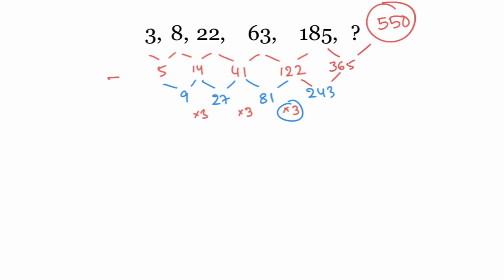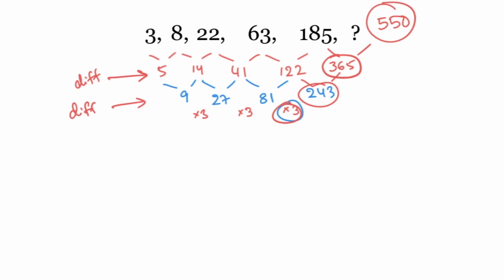If you find differences, they are 5, 14, 41, 122, 365. And if you find the difference of differences, they have a pattern 9, 27, 81. So next possible difference is 243. If next difference is 243, next term difference is 365. 185 plus 365 is 550.